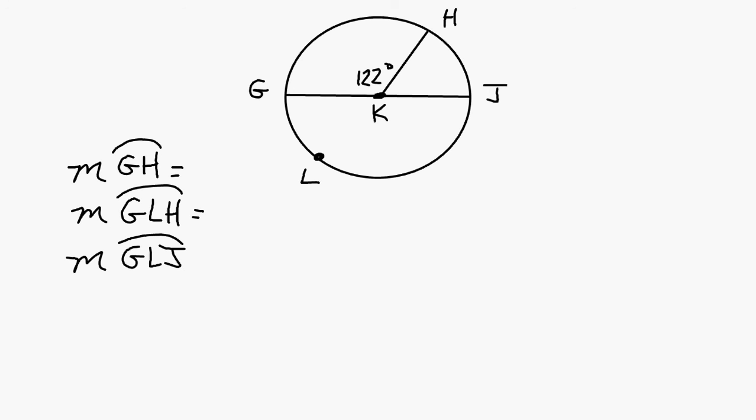The easiest thing to do is to find all of the central angle measures before you start finding arc measures.